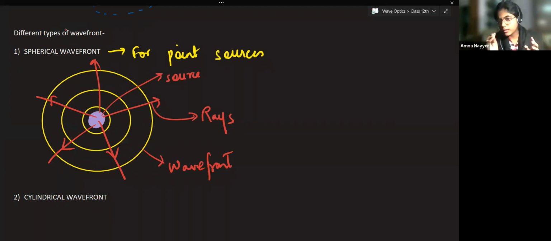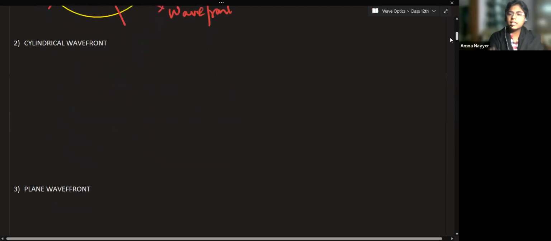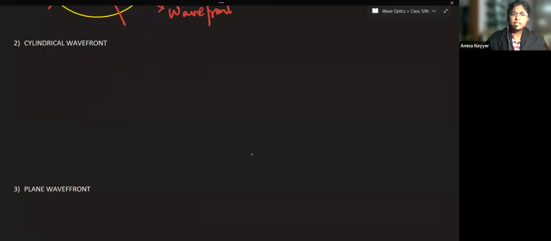So for a point source, the disturbance will be in the form of a circle only. So we call that a spherical wavefront. First type: spherical wavefront. The source is a point source, which leads to formation of spherical wavefronts. Now, if you have a single point source, that will lead to formation of a circle, the way I showed you right now.